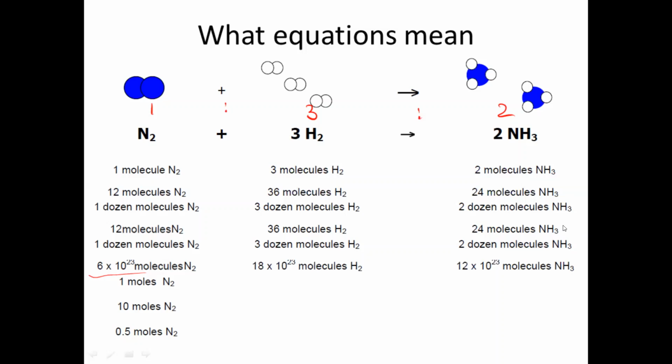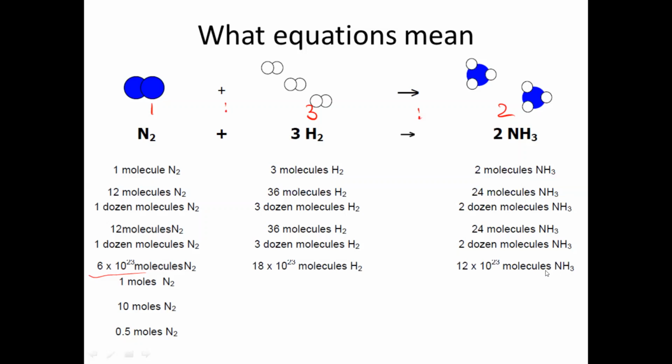So if you times it by 3, you get 18. You times it by 2, you get 12. Okay, so I could put 6.02, but it's just to simplify, right? So the ratio is the same.